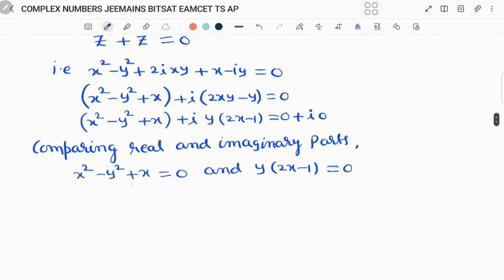So x square minus y square we cannot find the solution from this. From this you can write y equal to 0 or 2x minus 1 equal to 0. So 2x equal to 1, x equal to 1 by 2.